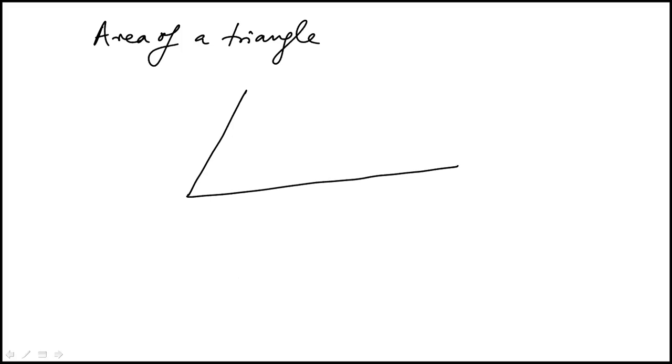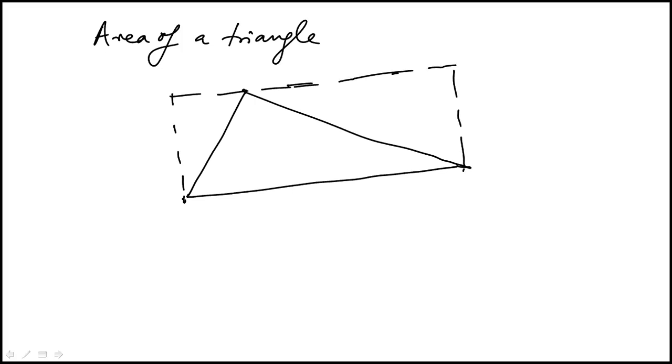Now, the next concept is the area of a triangle. And I'm going to draw a general triangle here. And the way you can think about this is that if you were to surround it by a rectangle, actually my triangle is a little bit at an angle, so then let's call this the base.